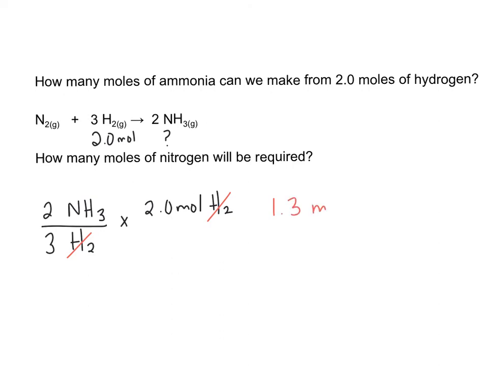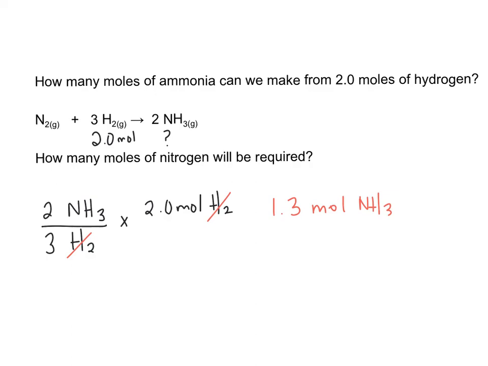And the units are now moles of NH3. So we figured out we will make 1.3 moles of ammonia from 2 moles of hydrogen. Now this is a mole ratio, not a mass ratio, so you're not going to get masses this way. You would have to figure that out separately with molar masses.